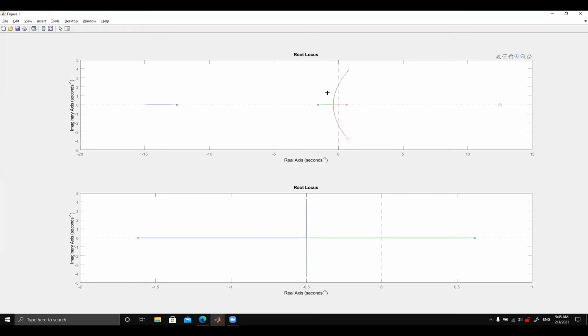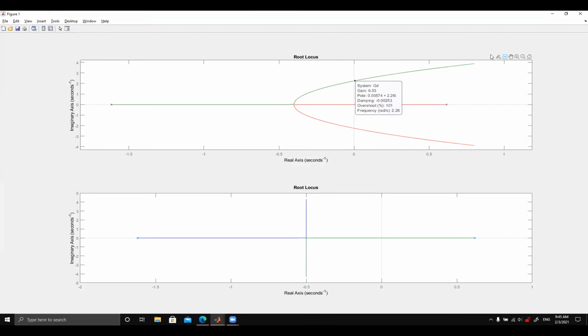The root locus pretty much did not change a lot, right? But if we zoom a little bit here, we see that the value at which the system crosses the imaginary axis is much less. It is 6.45, which is approximately half of the value that we had before, right?